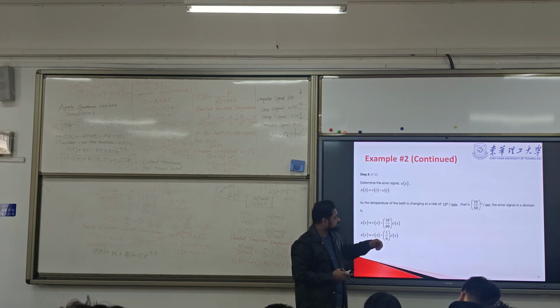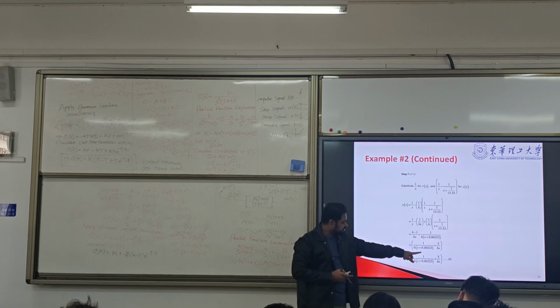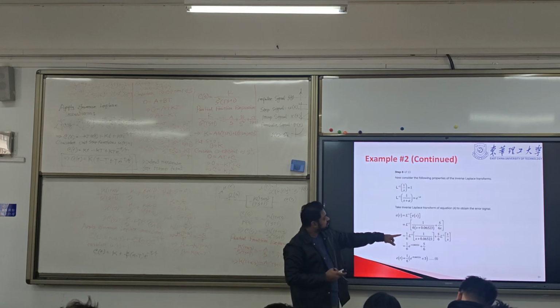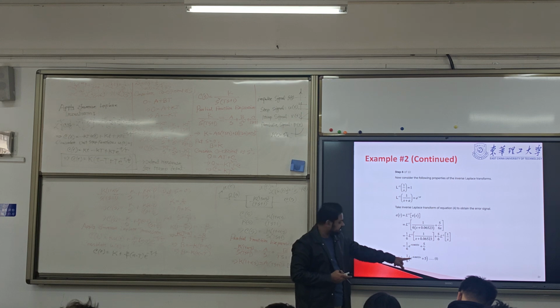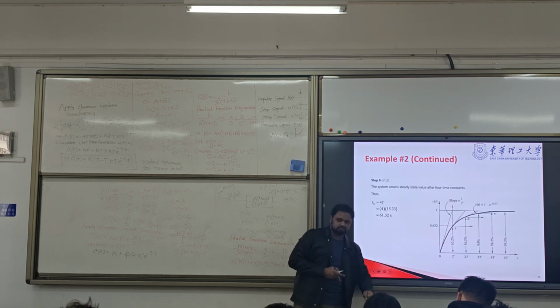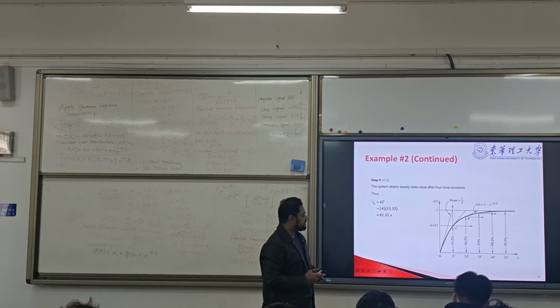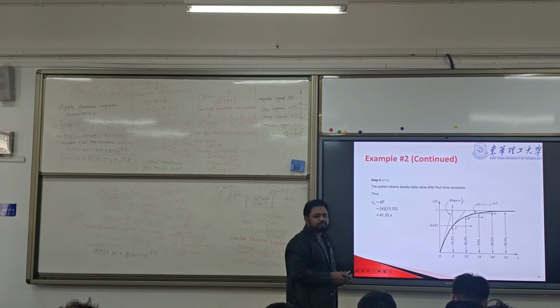So do the calculation. And finally, we have this equation. Again, apply inverse Laplace, we will get this. Now, this t value is not known. This t, what is that? This t value is actually the time constant.